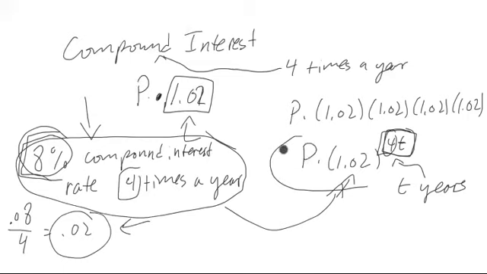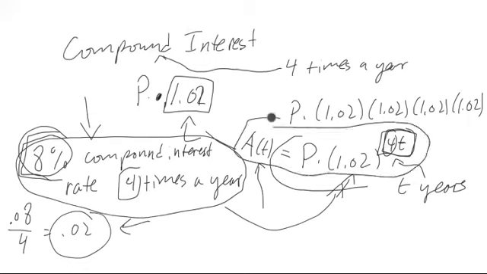Okay, we get this, and oftentimes we use maybe A of T, kind of the ending amount here. What's the ending amount? What's the amount after T years in the account after compounding it 4 times? We get this formula right here. A of t is equal to p times 1.02 raised to the 4t.